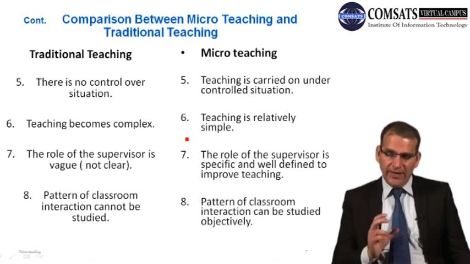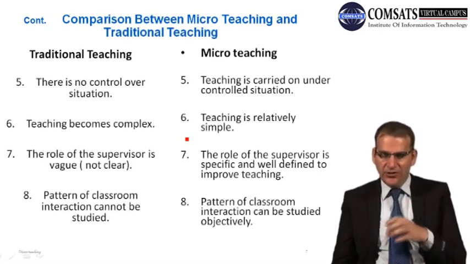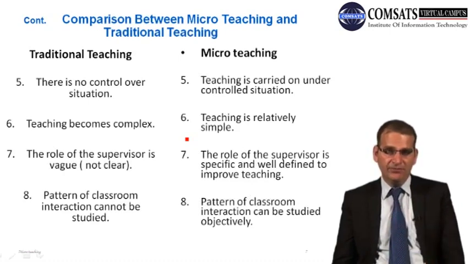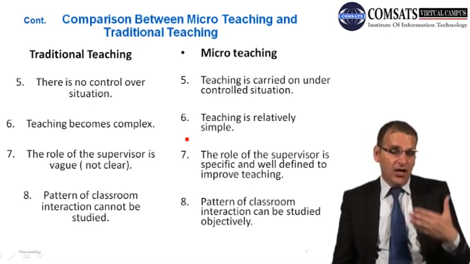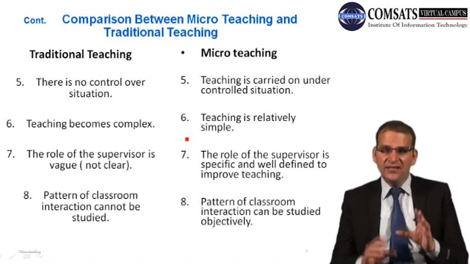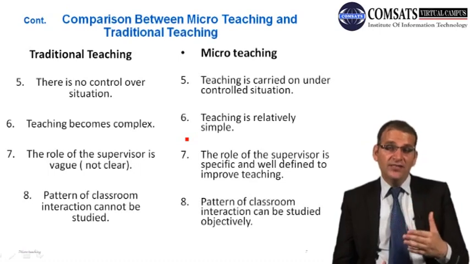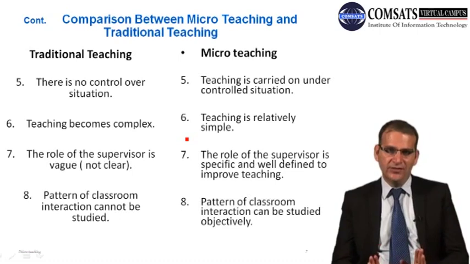The next one is that the pattern of classroom interaction cannot be studied in traditional teaching, whereas in micro teaching it can be studied objectively, right? How the teacher begins and starts the lesson, how the teacher makes students practice, how the teacher helps students produce, so all the stages.